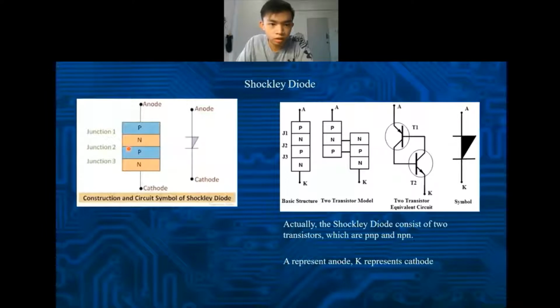So there are three junctions in the Shockley diode because of the combination of this four-layer silicon. So the middle junction will make the Shockley diode consist of two transistors, which are PNP and NPN. So the Shockley diode has the characteristic of the transistor, and this is a schematic symbol.